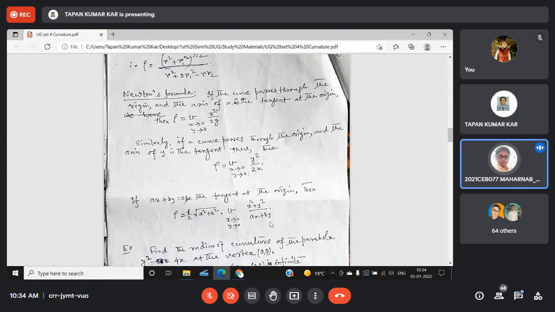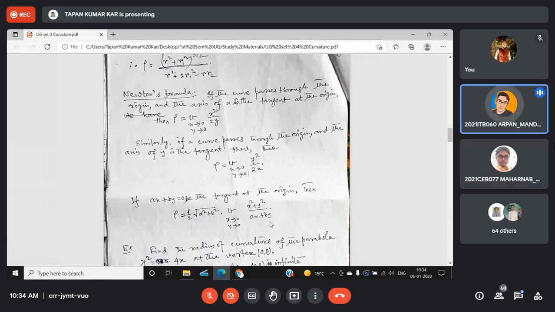Sir, we need to differentiate the equation of the curve, then we put 0, 0, then it passes through the origin. So there is one formula, I think, for partial differentiation. But the most simple way is to find the lowest degree term equated to 0.